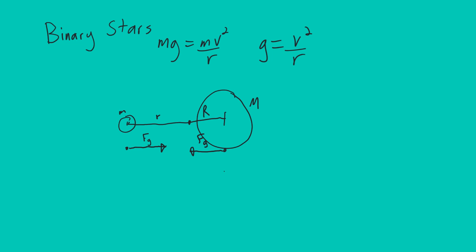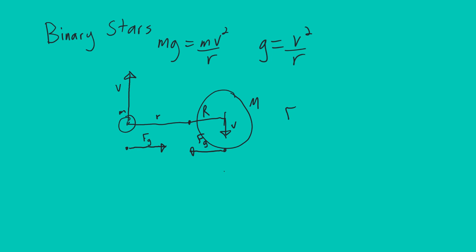Now, one of the issues was that the velocity of the small star was much bigger. So we'll draw the velocity coming off here to be pretty big. And the velocity of the big star was much smaller, right? Well, this seems to all balance out. Remember, we have our velocity squared over radius. Let's look at the small star first.